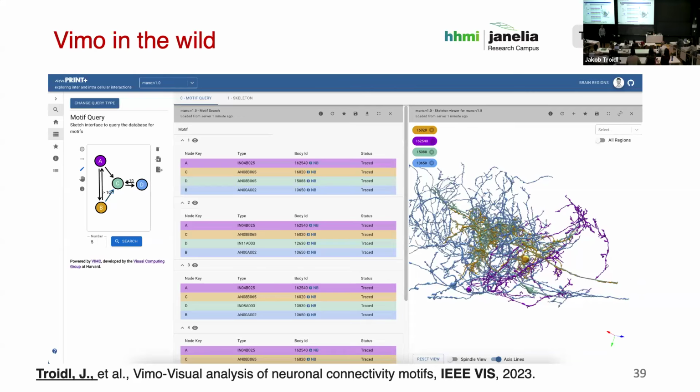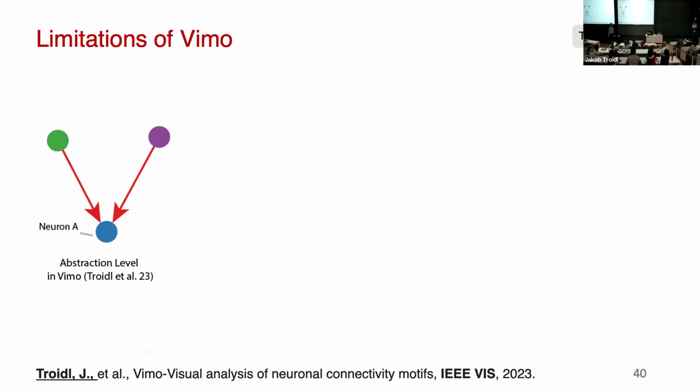So we collaborated with folks from HHMI to integrate Vimo into a larger scale connectome analysis platform called Neuprint. And Neuprint hosts pretty much all large connectomes and makes them accessible to a wide audience using circuit analysis, interactive exploration. And so now users can query for motifs using Vimo in that analysis platform as well, which was very exciting to see that folks were interested in that line of work.